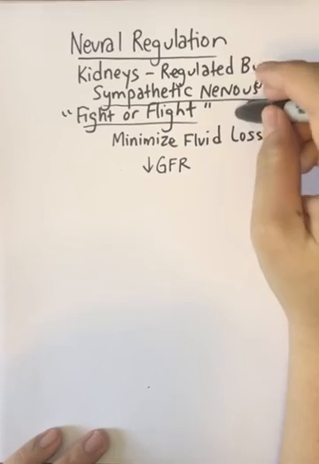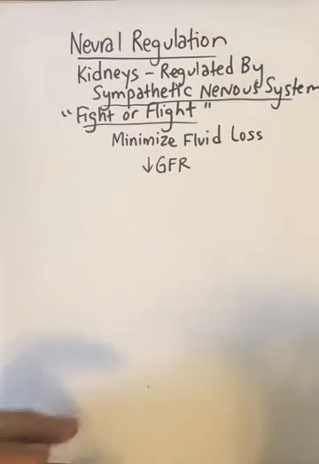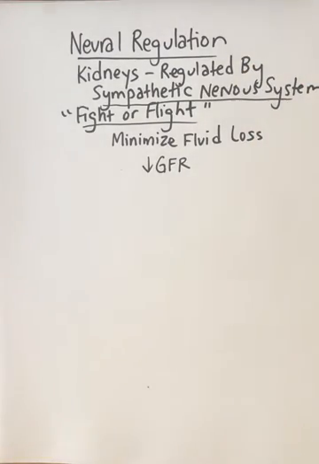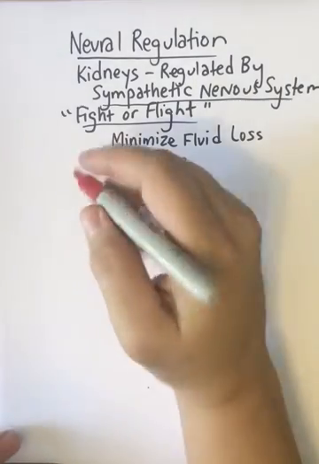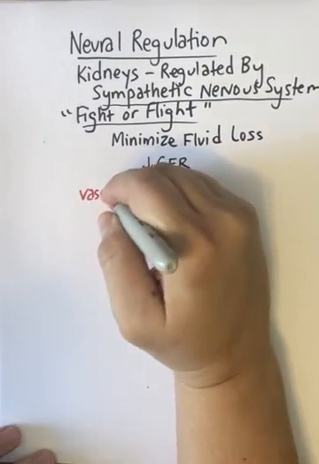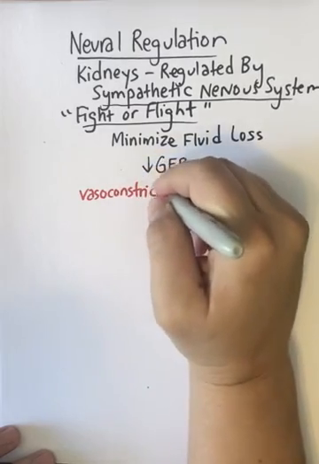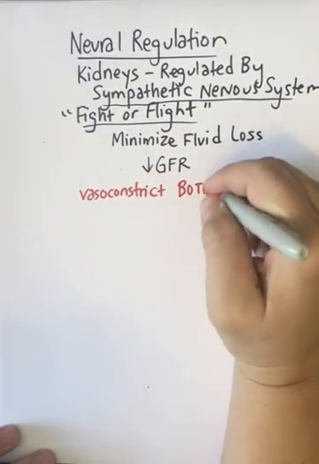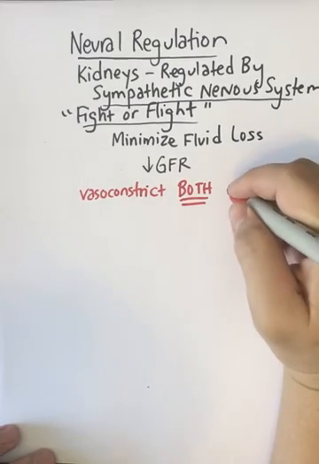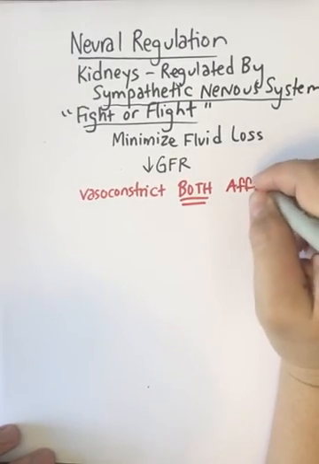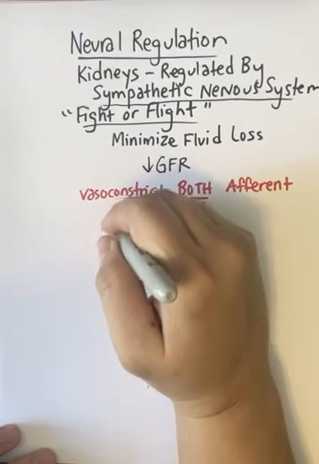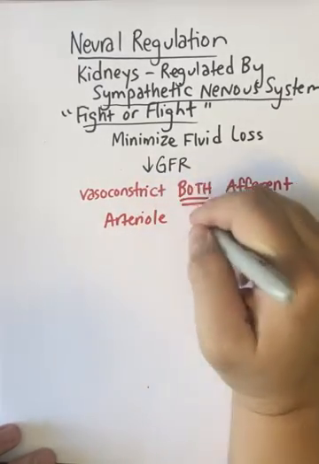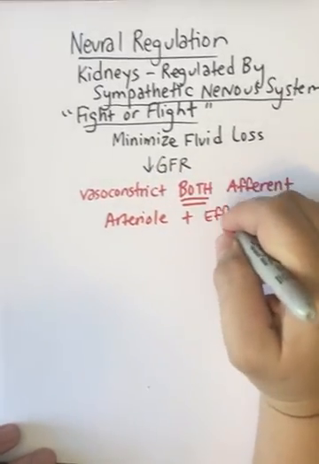But something very different happens with the sympathetic nervous system. This actually causes you to vasoconstrict both the afferent and the efferent. Basically, you're cutting off all blood to the kidneys. So, we vasoconstrict both the afferent arteriole and the efferent arteriole.